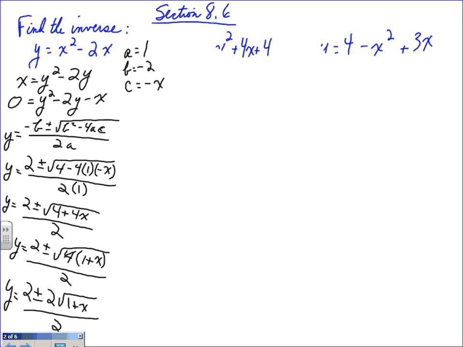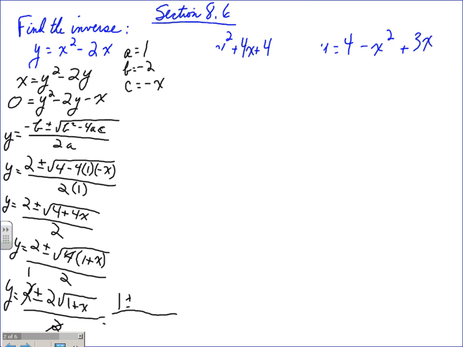Follow me? All three terms now can be divided by 2. In the denominator, 2 divided by 2 is 1. I've got 1 on top. These 2's do not cancel. They're divided by. Plus or minus.